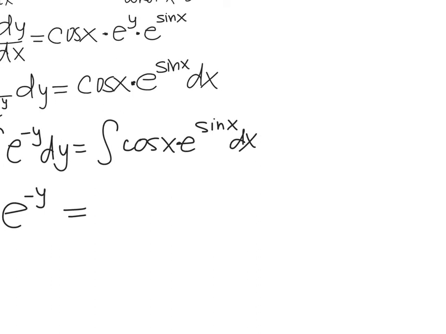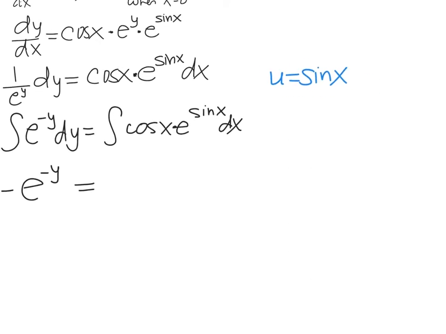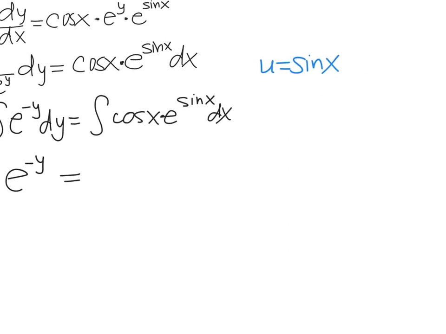That's why it makes it so hard, but you know how to do U-substitution. So here we go. Change colors. Let u equal sine x. So we're going to take the integral of cosine x e to the u dx.